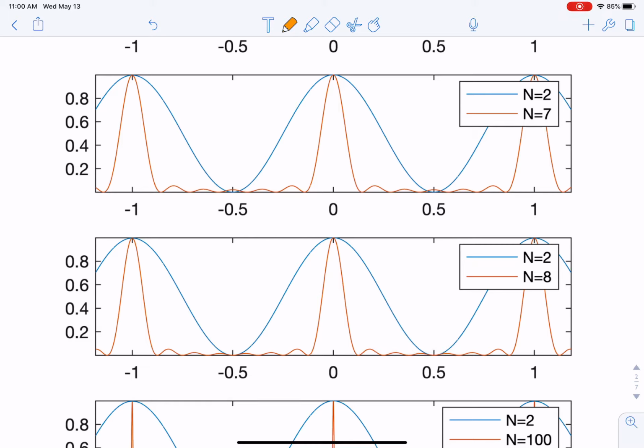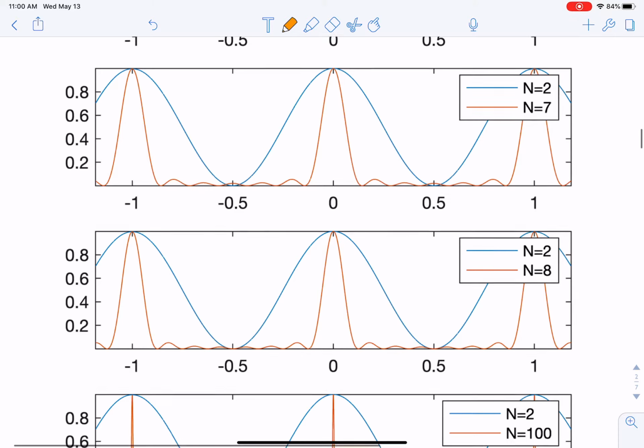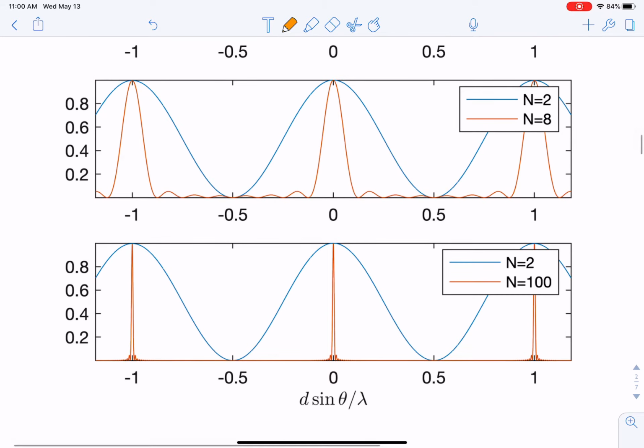What I'm not showing is, I've made it look like it's just the same height as 2, but it's actually getting taller also. So it's getting brighter at this central spot and dimmer out here. Okay, if we go to 100, you end up with just a spike. So this would be massively bright in comparison if we add it to scale. And notice that it's essentially just flat out here.